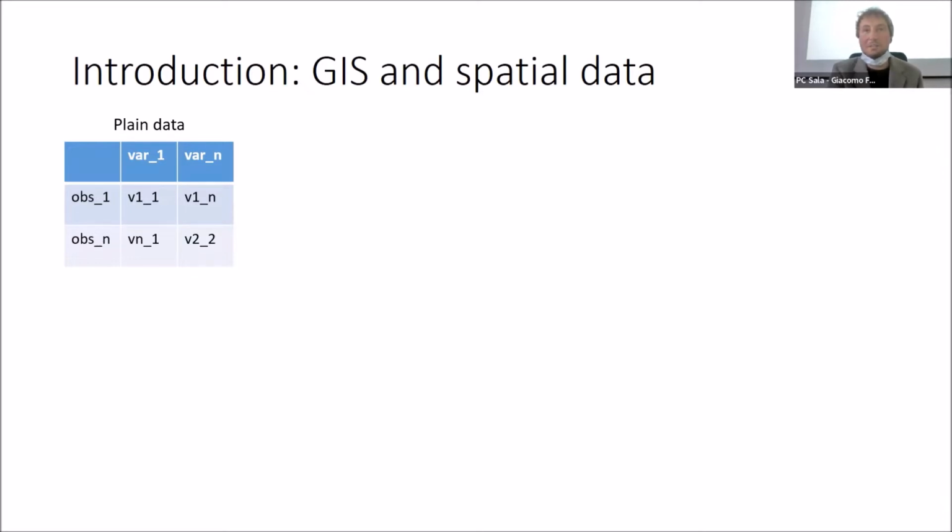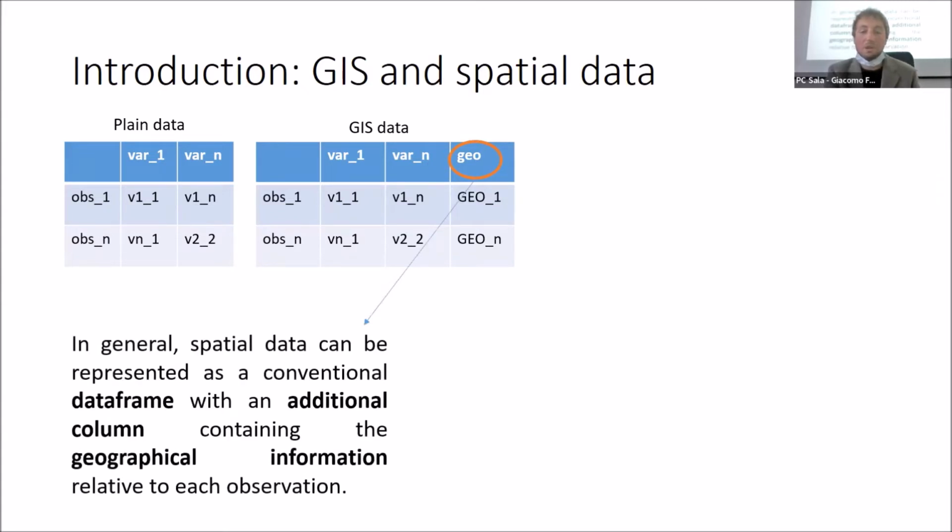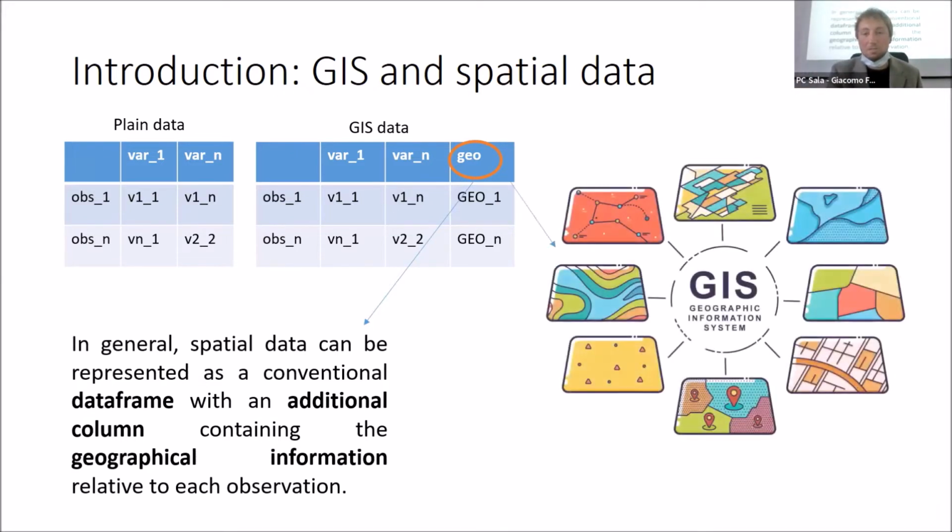A very simple way to think about GIS data, spatial data, is the exact same structure, but with an additional variable or column, which is the geographical indication of what we're talking about. So in general, spatial data is like a conventional data table, data frame, but with an additional variable or column with geographic information attached to it.